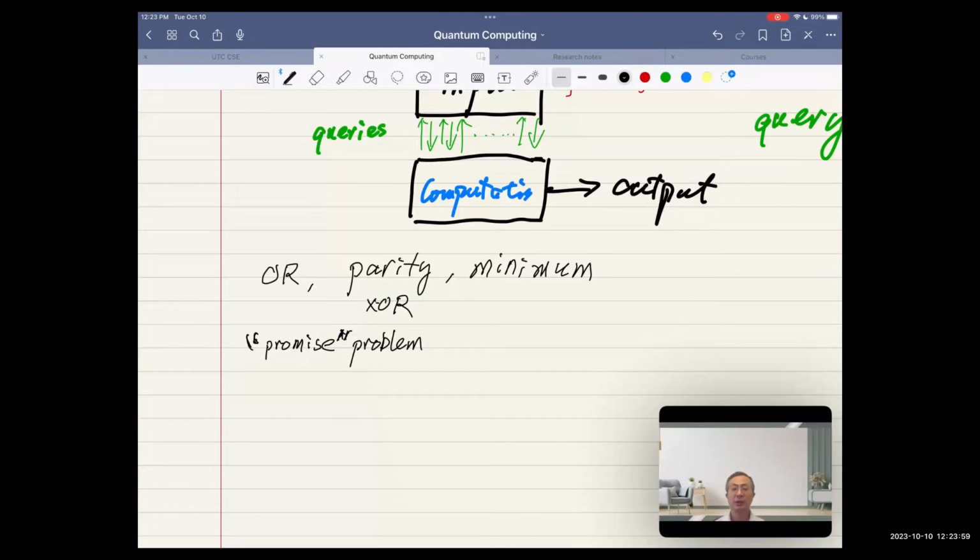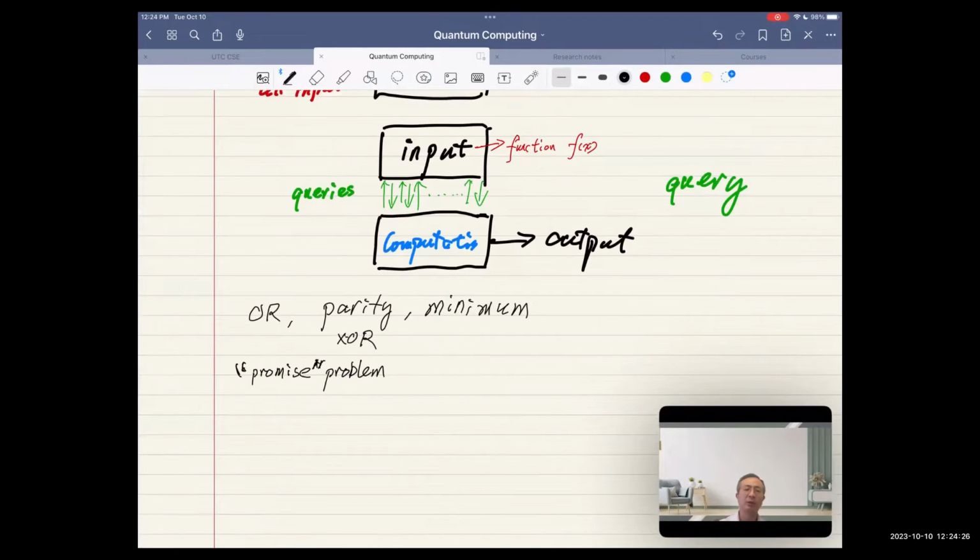Similarly, we're going to assume there are some conditions that will be satisfied. If the input or the function doesn't satisfy the problem, we just do not even consider it. This is just to let us explore how quantum computing works in principle. We can let go of some of the complexities.